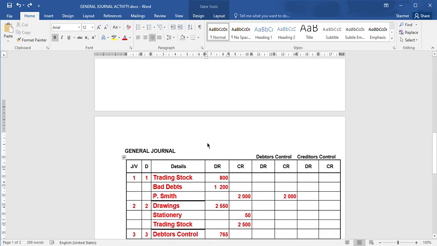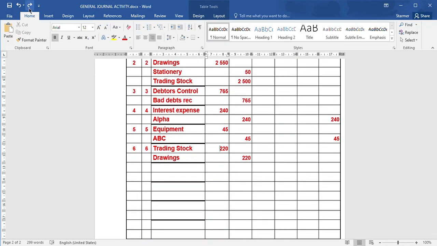In other words, we need to add to what Beta owes to the business, which is 4,500. Our sales also needs to increase because we said the sale was 500, but the sale was 5,000. So you need to increase your income by the difference.